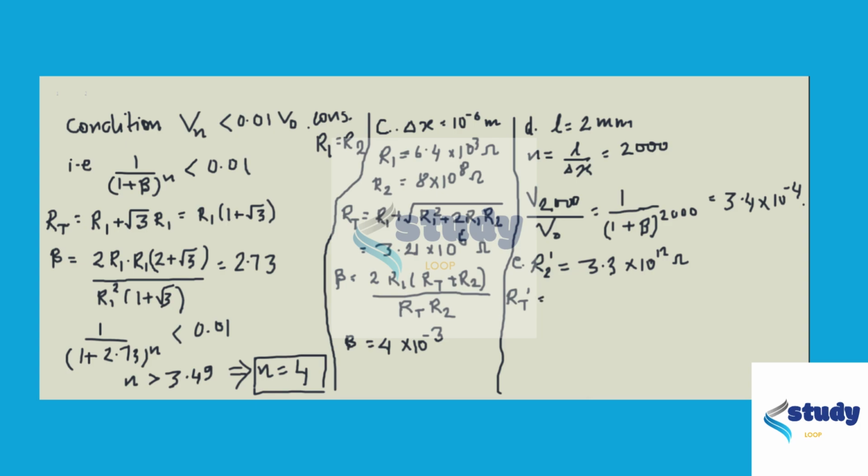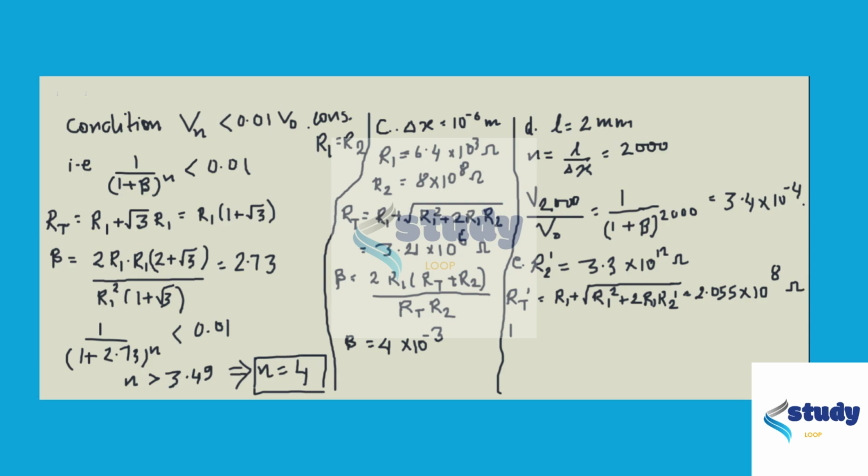RT prime equals, again using the formula, R1 plus root under R1 squared plus 2 R1 R2 prime. This turns out to be 2.055 into 10 to the power 8 ohms.